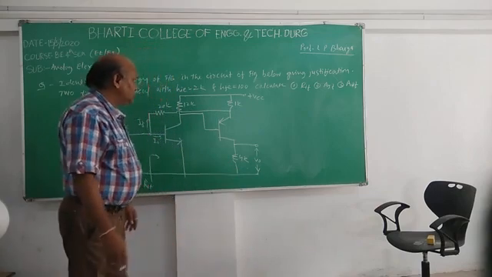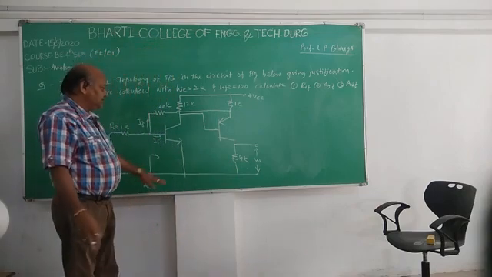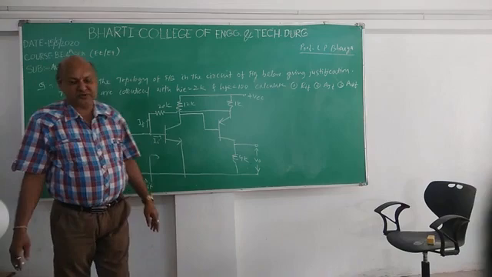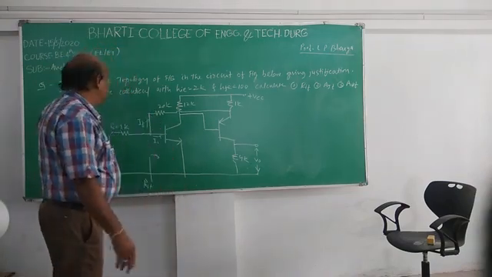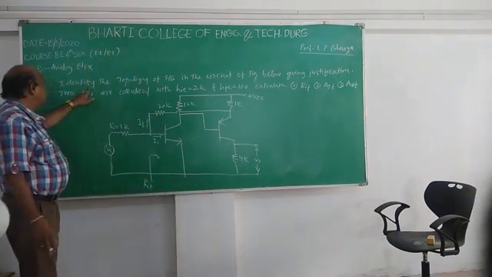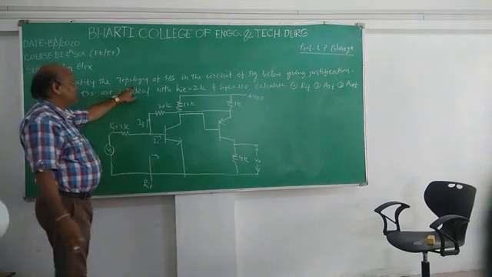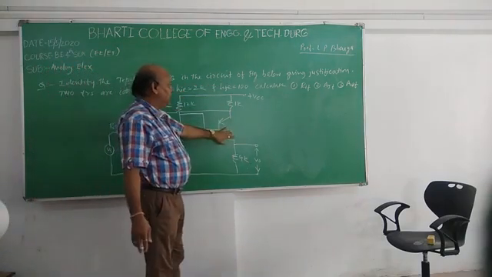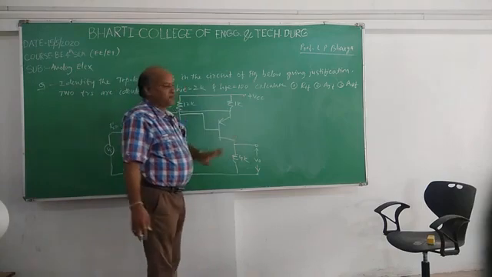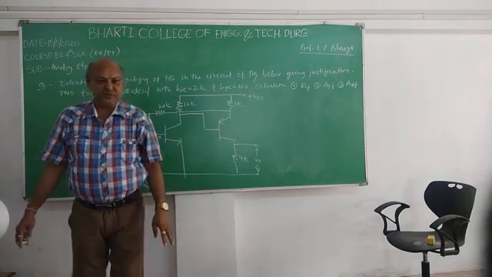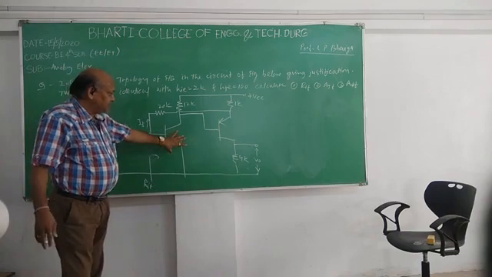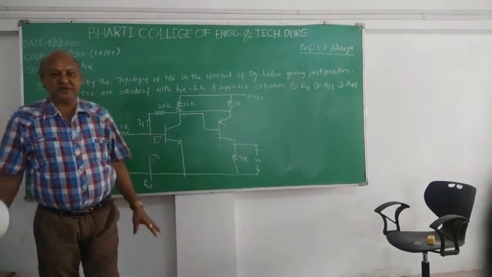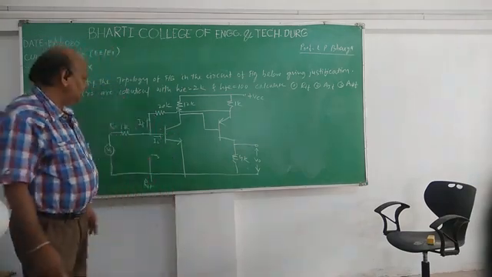Today we will go through one numerical which was asked in the exam also. Let us see this numerical. Identify the topology of feedback in the circuit of the figure below, giving justification. This feedback circuit is given to you. It is a two-stage diagram.